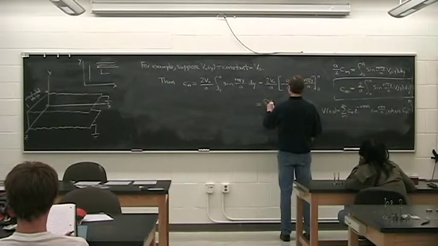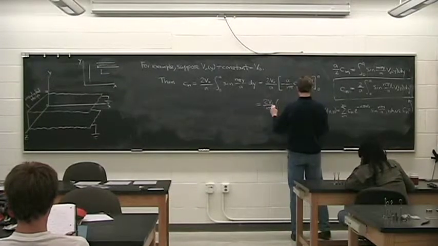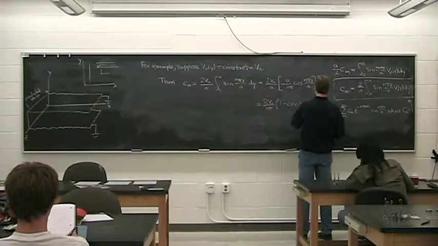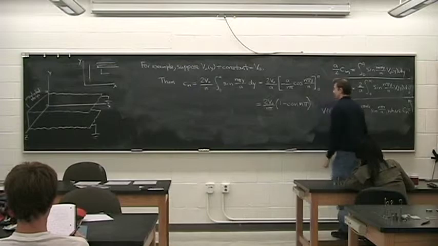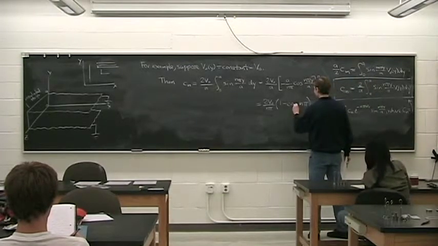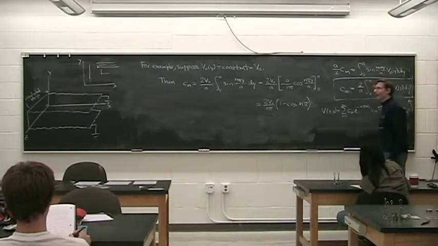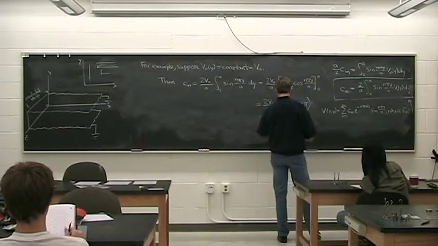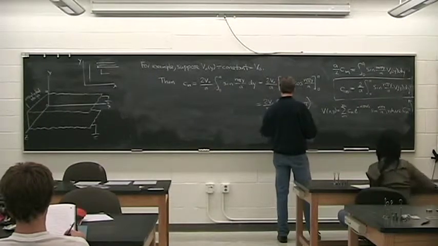Equals 2 v naught over n pi times 1 minus cosine n pi.